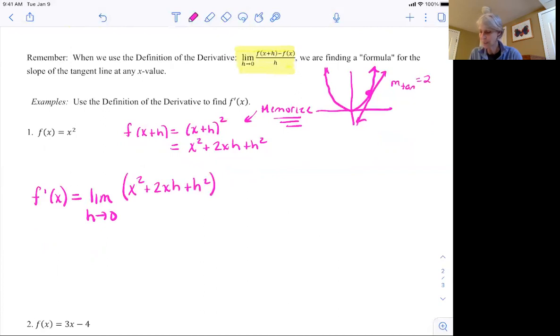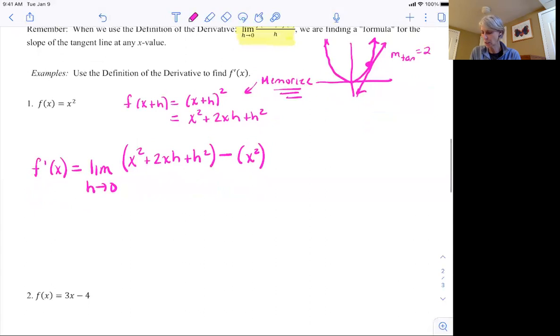That's my f of x plus h. Now I'm going to subtract f of x. And I'm writing it out the long way for this example, and then we'll maybe take some shortcuts as we move through.